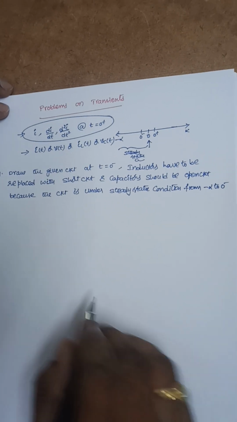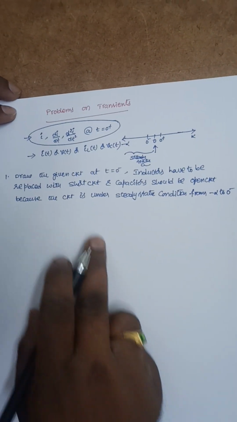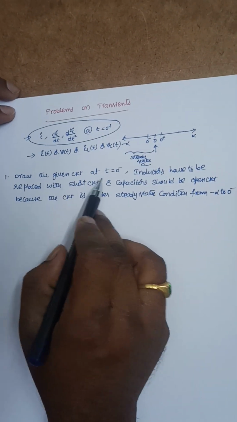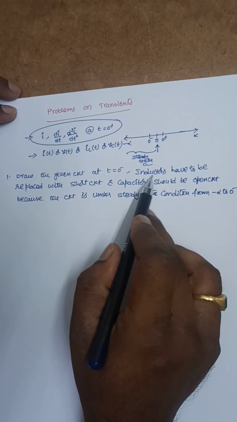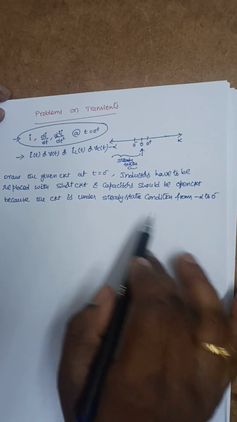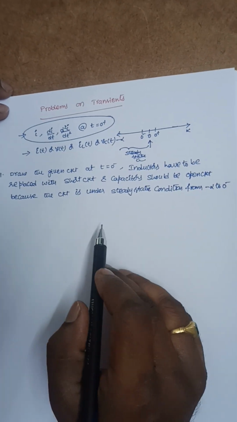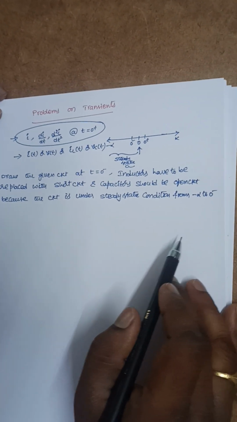This is the first thing that we need to do: draw the given circuit at t is equal to 0 minus by replacing the inductors with short circuits and capacitors with open circuits.